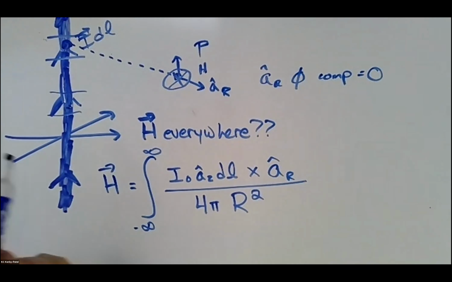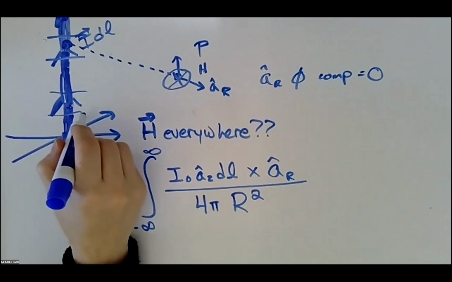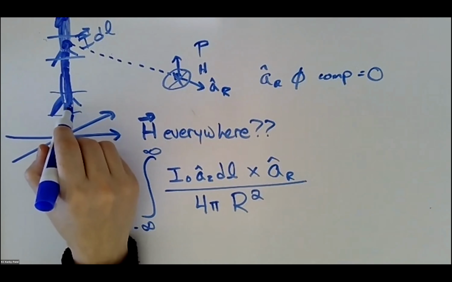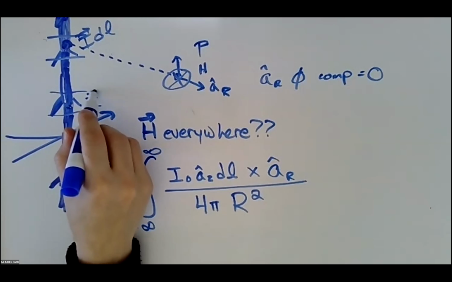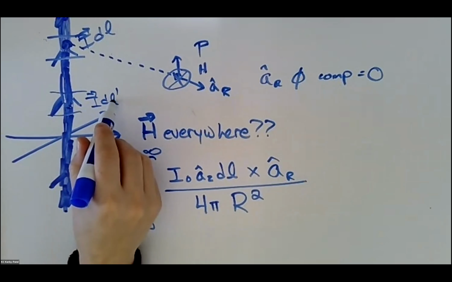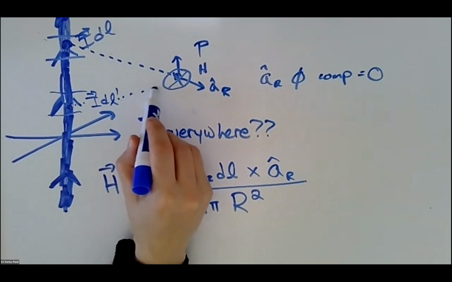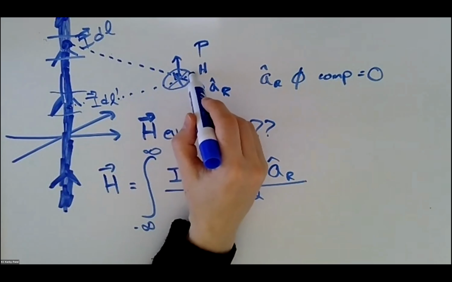Now, the second part of my symmetry argument is this. If I choose a second differential current element, I'm going to make it I dl prime, let's say. And I draw its a hat r.